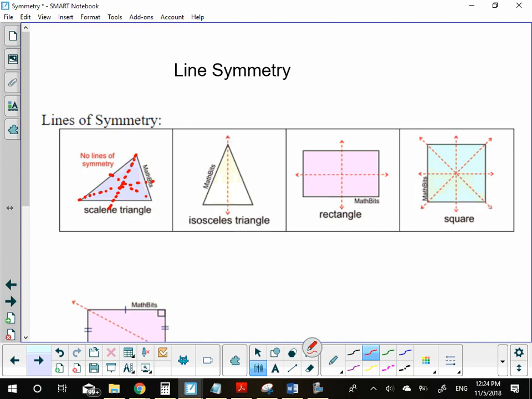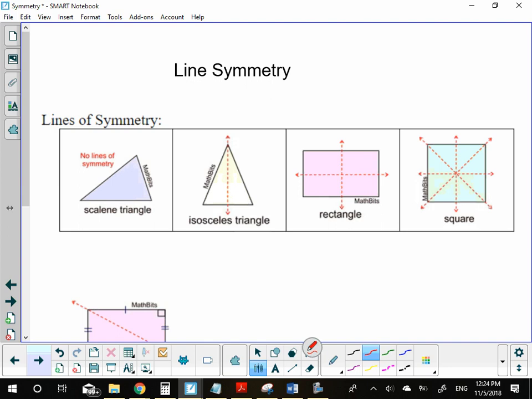If I try to draw that, it just doesn't work. So a scalene triangle would be a good example where you don't have any kind of line symmetry. There's no way I can split that in half to make two equal sides that fold onto each other.